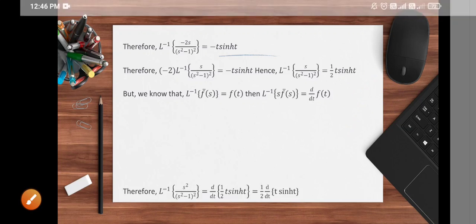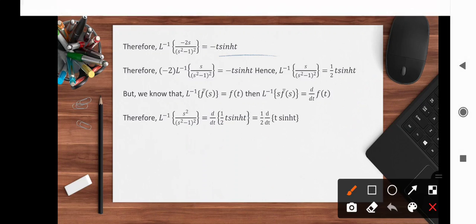So we get L inverse of the original function is equal to d by dt of 1 by 2 t sinh t, with 1 by 2 outside the differentiation operator. So it is 1 by 2 d by dt of t sinh t. Again here the functions of t are in product form, so you have to apply the u into v rule of derivative. u equal to t and v equal to sinh t.